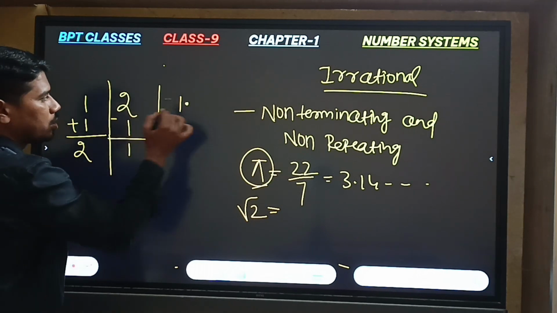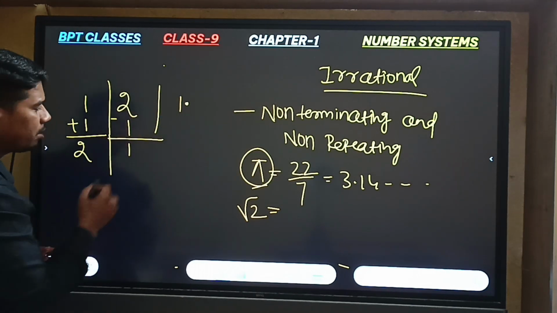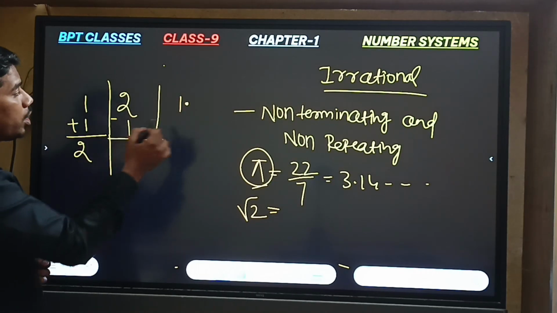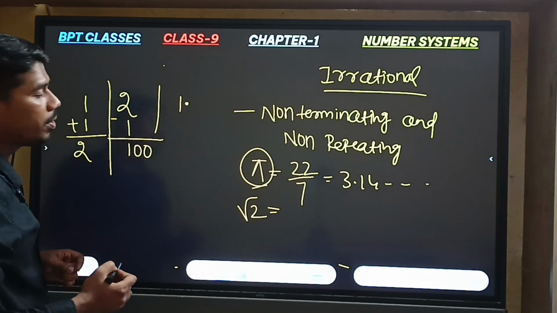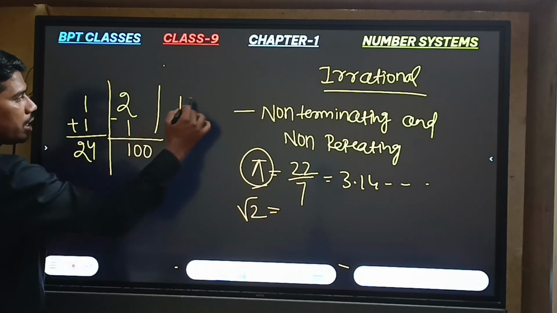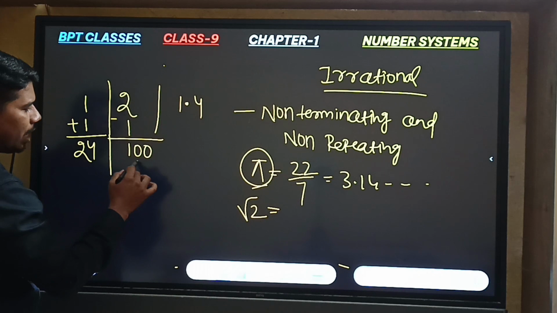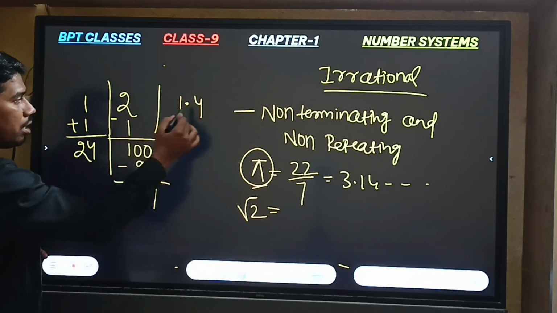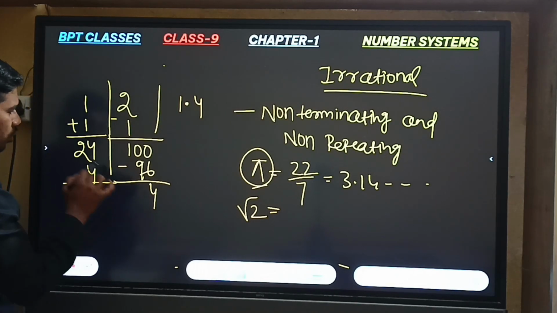Then we have to write the decimal point. When we write the decimal point, a double 0 comes at a time, because we are finding a square root. Now, if I write 4 here, there must be 4 as well. 24 times 4 is 96. Again 4, then that 4 is added here: 24 plus 4 is 28.